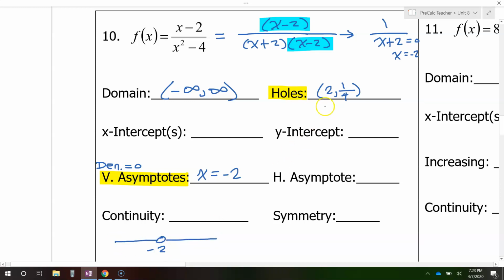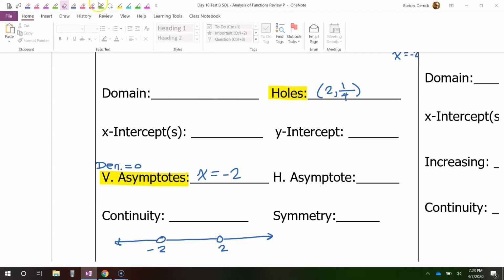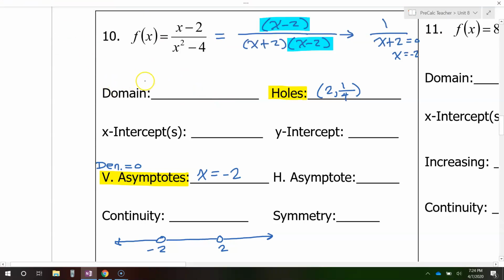And then I have a hole at x equals positive 2, so I need to skip over that value as well when I'm describing my domain. So I'm going to skip over negative 2 and I'm going to skip over positive 2. So I'm going to wind up splitting the domain into 3 different parts. So I don't get to say negative infinity to positive infinity.